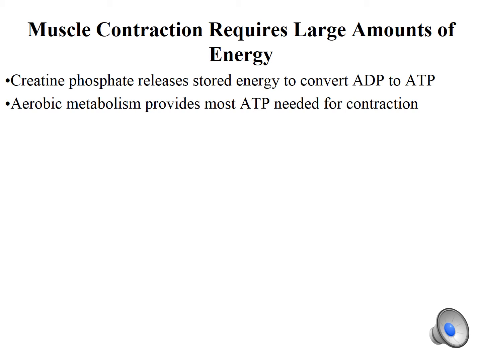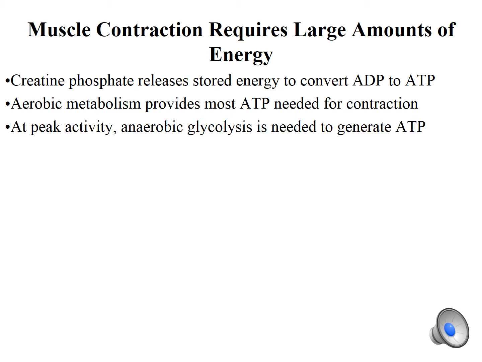So aerobic metabolism provides most of the ATP needed for contraction, and that's just cellular respiration like we talked about. But at peak activity, we're not going to have enough oxygen. If you think about when you run a sprint or if you ran a marathon, any kind of activity where you're depleting your body's stores of ATP.